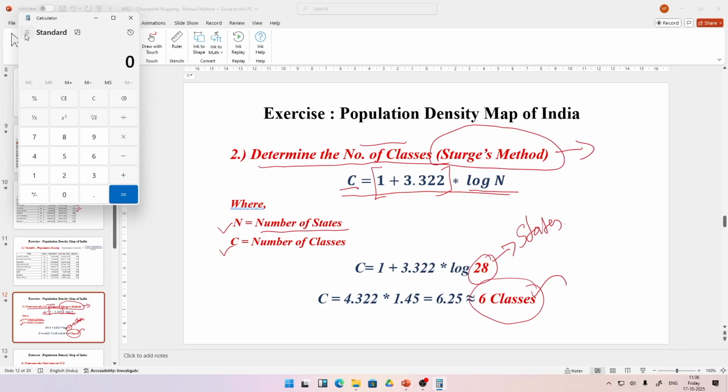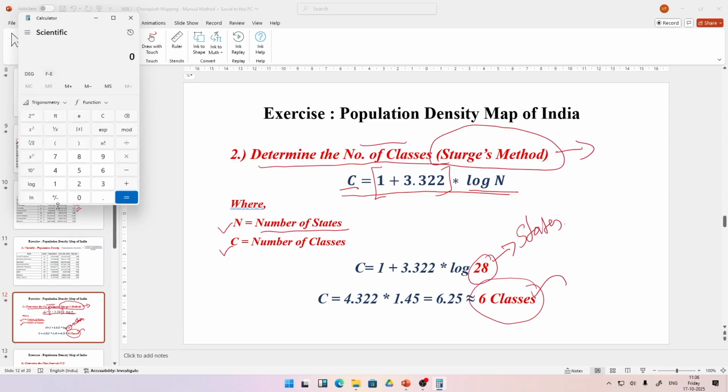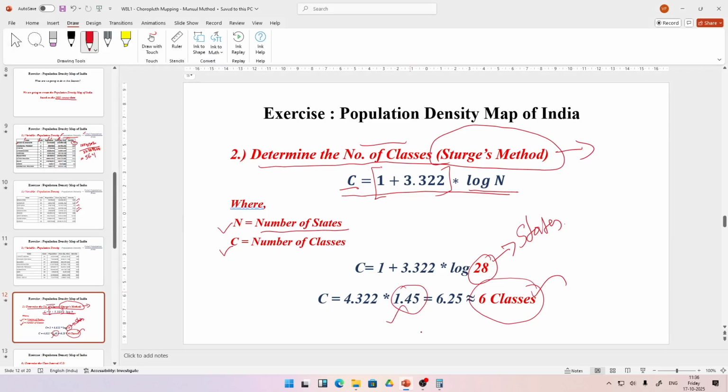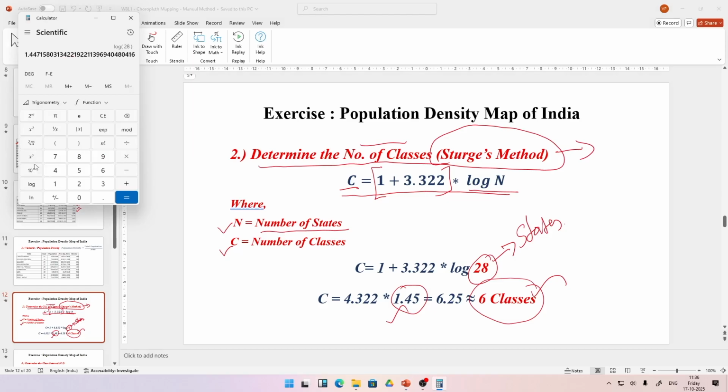So, you can change to the scientific calculator. You see over here, you select 28 log, see you get 1.44, which I have rounded to 1.45 over here. Okay. So, this one again you try to do a multiplication.